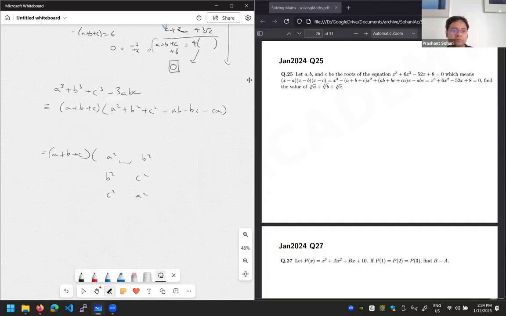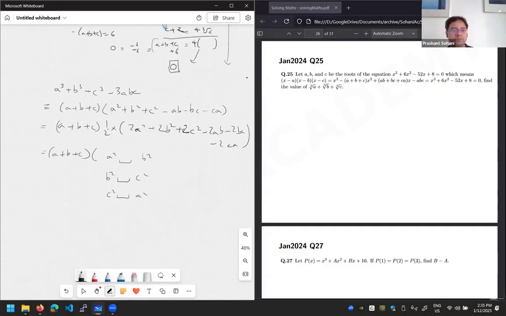Okay, so what we are going to do is I'll write this as a plus b plus c times half times the bracket. When I do this, what you see is that the ab, bc, ca also get multiplied by 2, and they nicely fit into the middle terms, right?